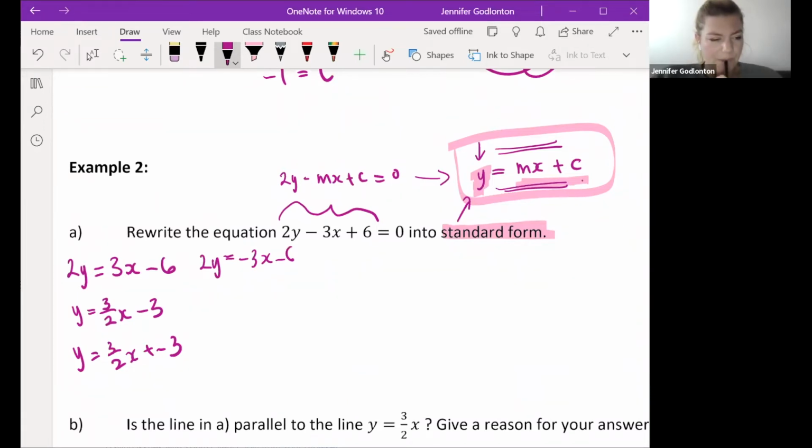Jasmine? 2y is equal to 3x plus 6. Okay, 2y is equal to 3x plus 6. Okay, I'm going to give you 1 more minute and then we're going to go through this one.